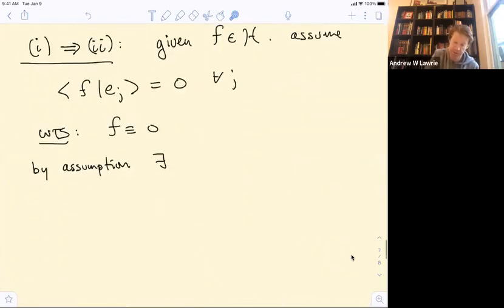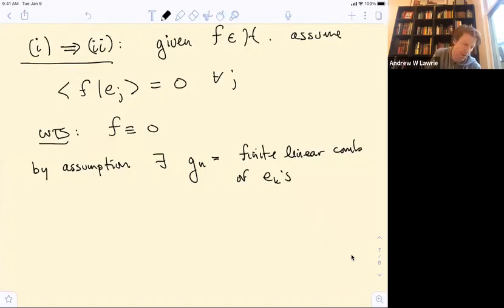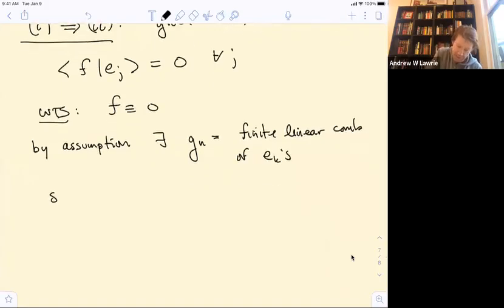So we'll use that assumption. There exists Gn, a finite linear combination of the EJs, such that the norm of f minus Gn tends to 0 as n goes to infinity.